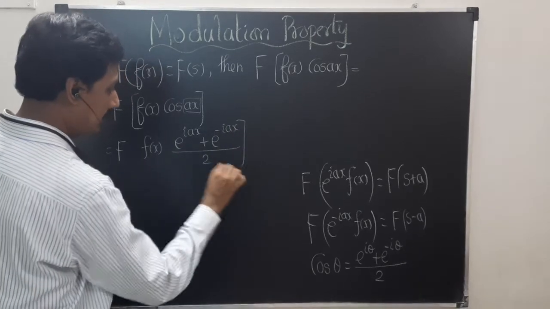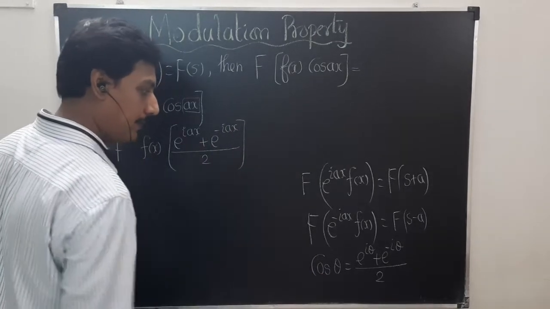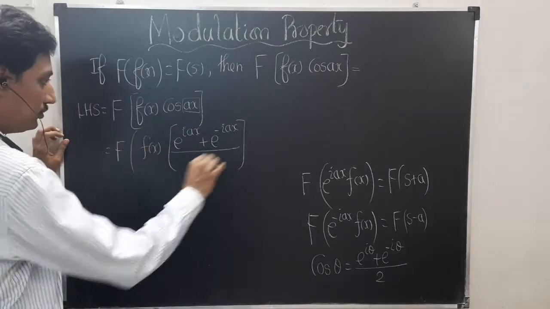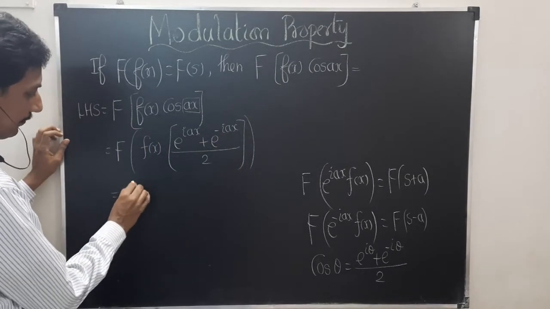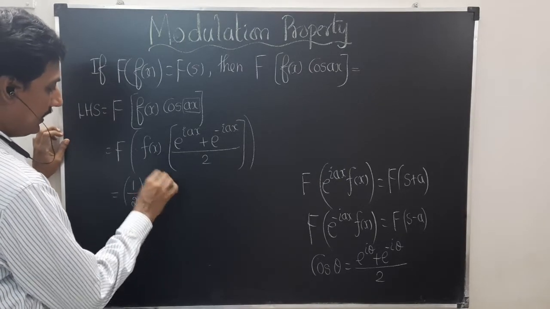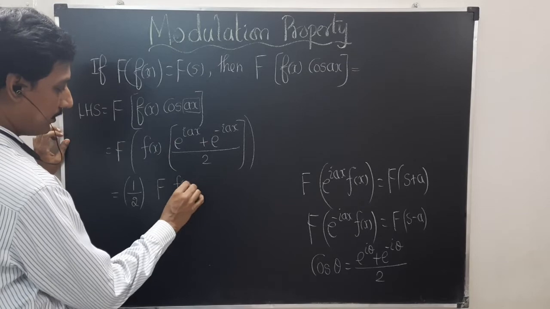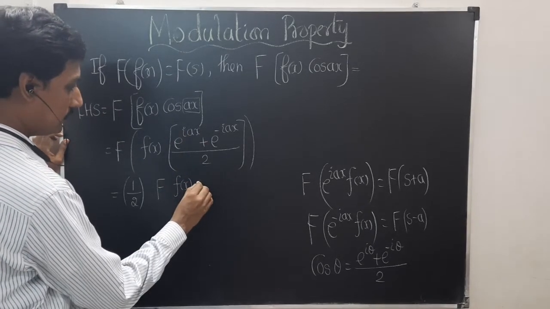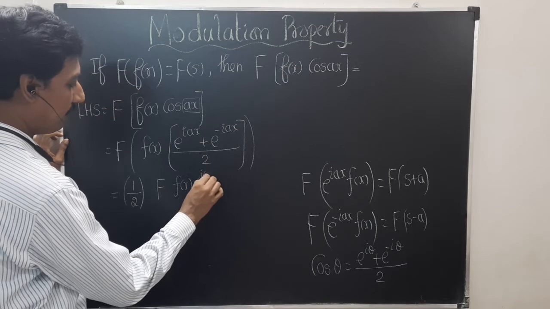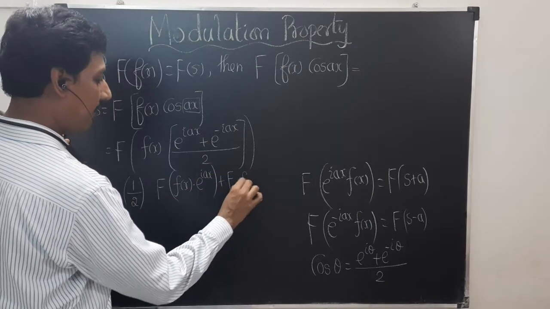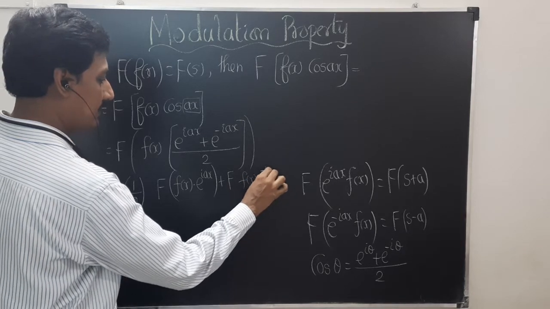By using the linear property, the constant term 1 by 2 comes outside, and we get the Fourier transform of f of x into e to the power iax plus the Fourier transform of f of x into e to the power minus iax.